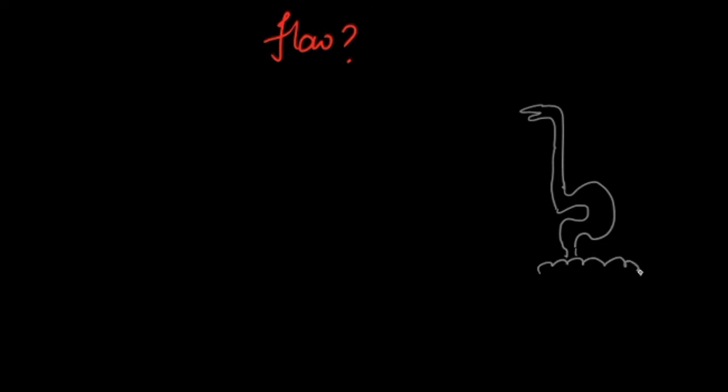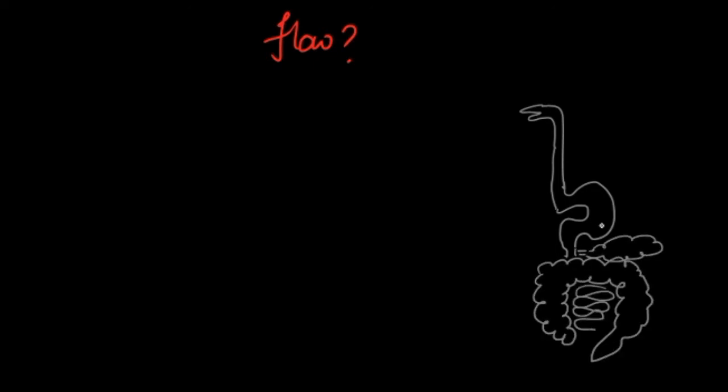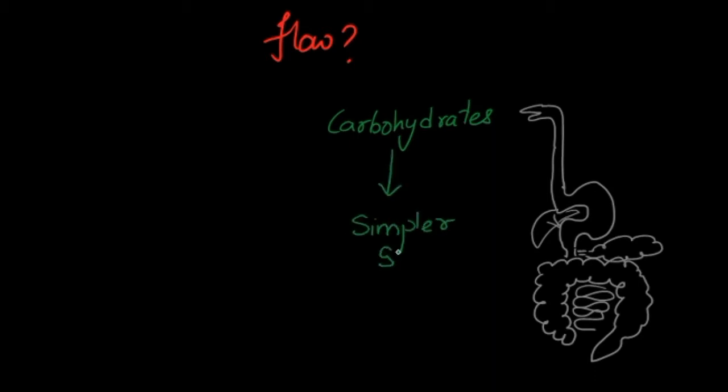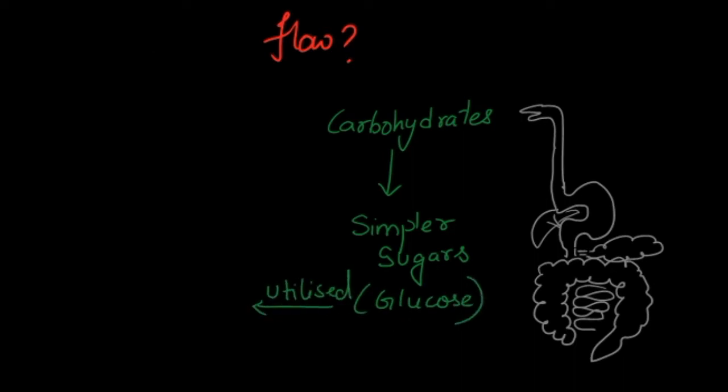The next question that arises is, how does the glucose reach the cell? As we know, during the process of digestion, which is a complex process, we take in a lot of food, in which the carbohydrates get converted to simpler sugar, like glucose, and in order to be utilized by the cells, it passes through the bloodstream.